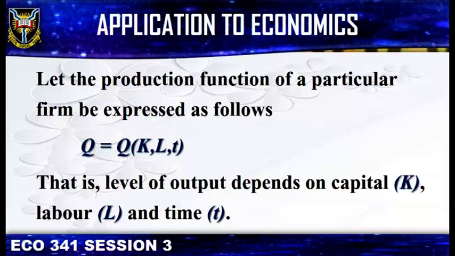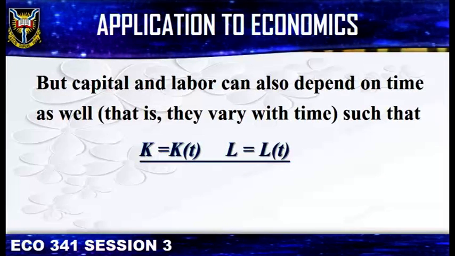Application to economics. Let the production function of a particular firm be expressed as follows: Q is equal to Q of (K, L, T). That is, the level of output depends on capital K, labor L, and time T. But capital and labor can also depend on time as well.